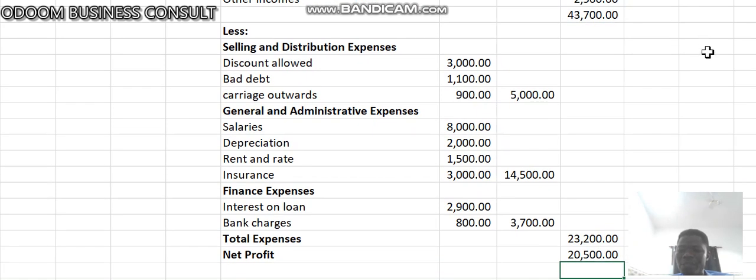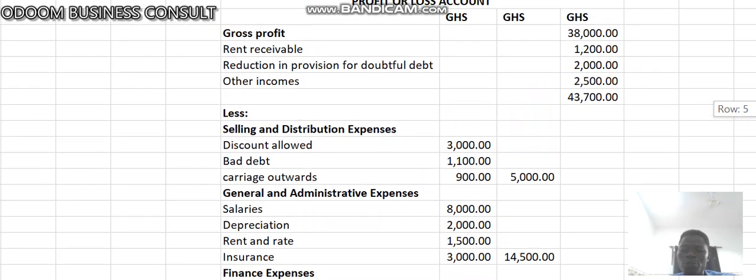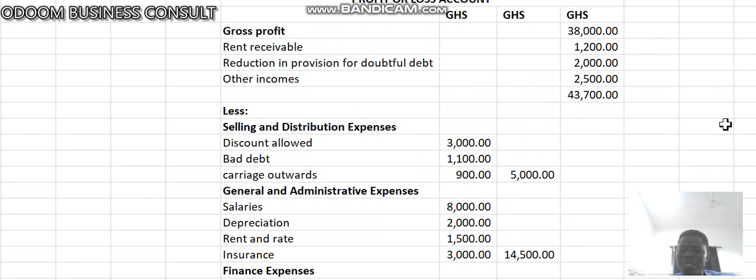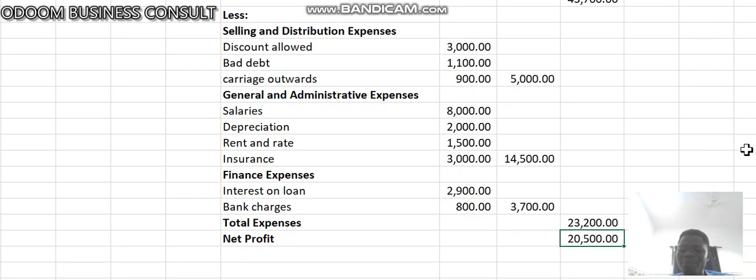So the 43,700, which is the addition of the gross profit and the income that we gained for the year, when we take total expenses of 23,200 from it, we get a net profit of 20,500.